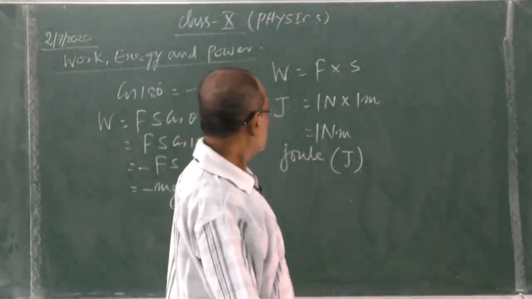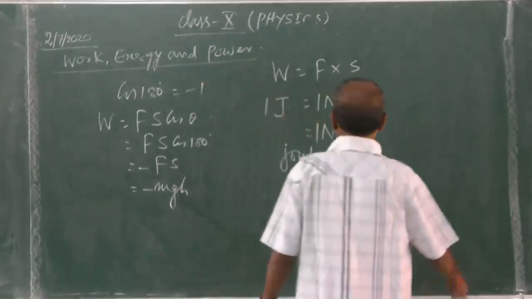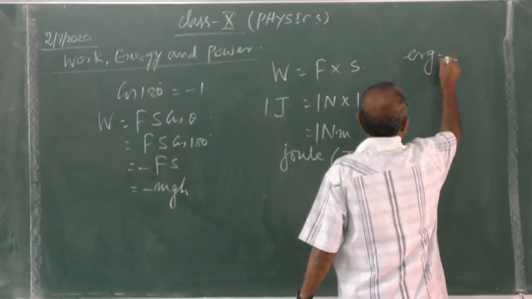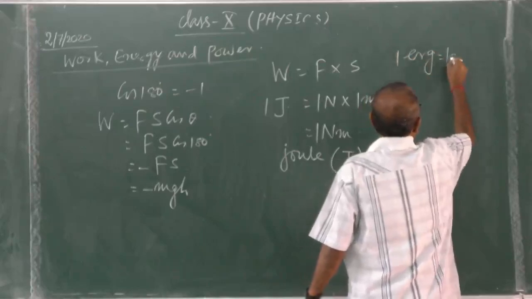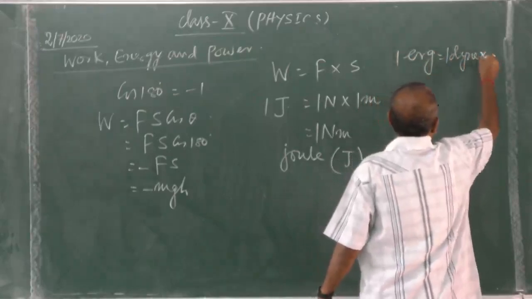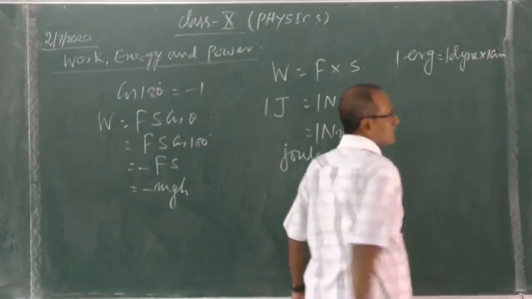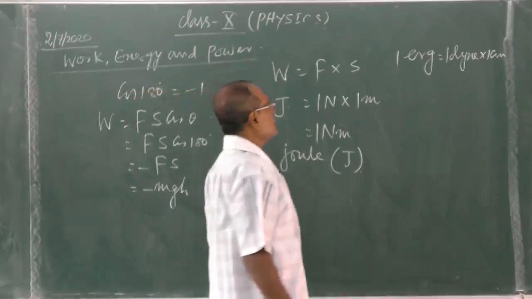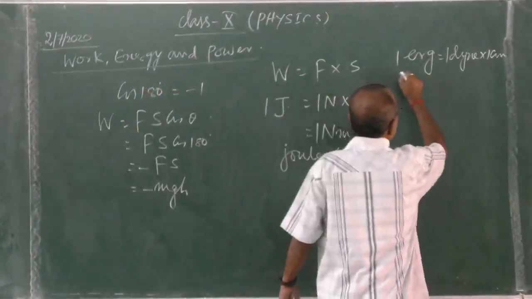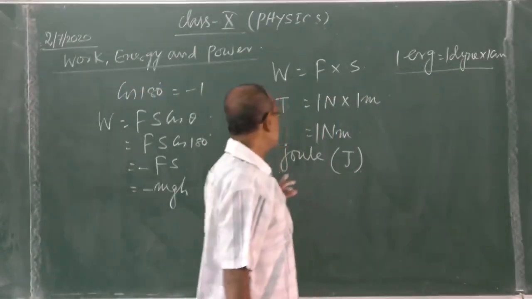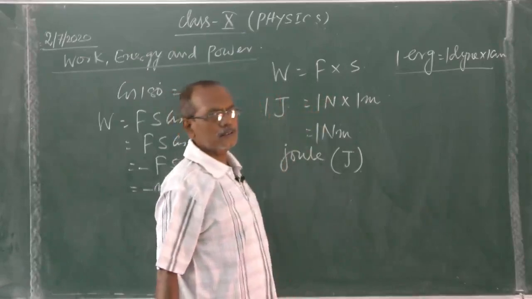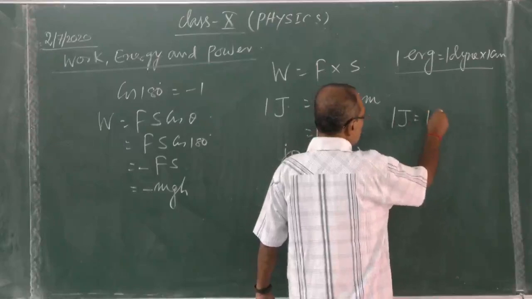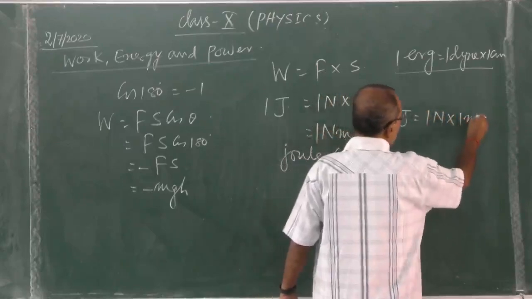Yes, the CGS unit is erg. This is actually dyne into 1 centimeter. This is dyne centimeter. Yes. Now, what is the relation between joule and erg? So first, 1 joule is equal to 1 Newton into 1 meter.